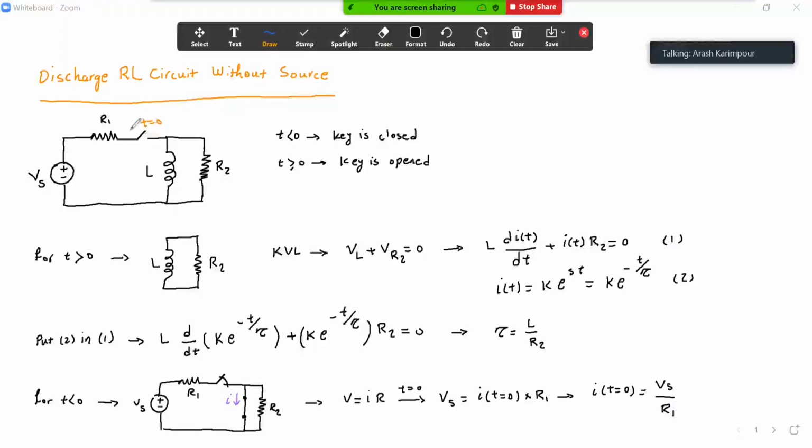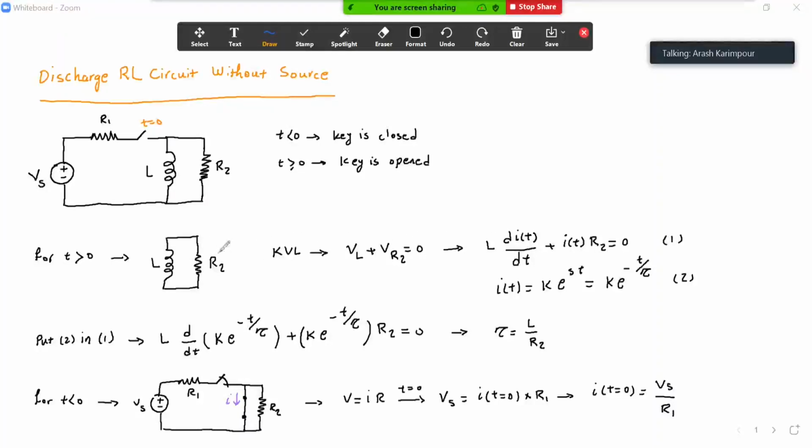After we open the key, we have the inductor connected to the resistor, and the energy stored in that inductor is going to be released and dissipated through that resistor. So we want to see how the current or the voltage in this transient condition would be.